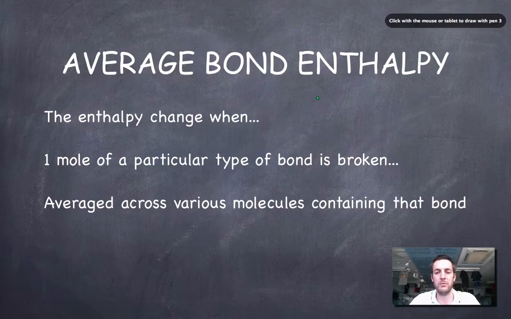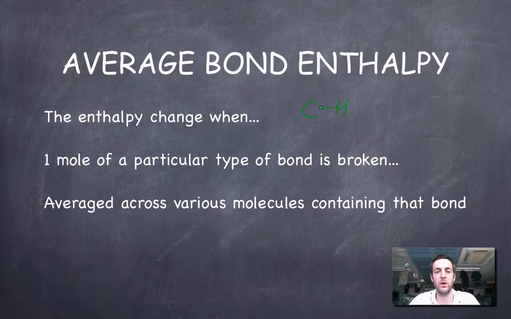So, for example, I could be talking about a carbon-hydrogen bond. But it's important to realise that the carbon-hydrogen bond can require a different amount of energy to break depending on what kind of context it's in. So in one molecule it might require X kilojoules per mole, and in another molecule it might require Y kilojoules per mole.